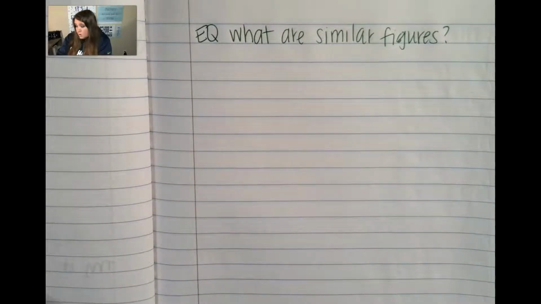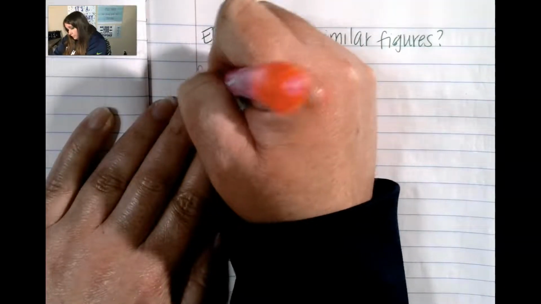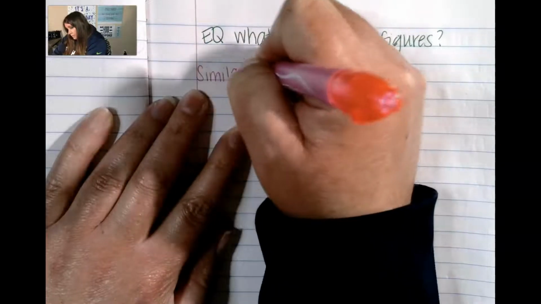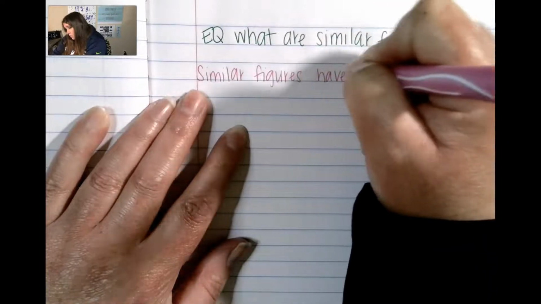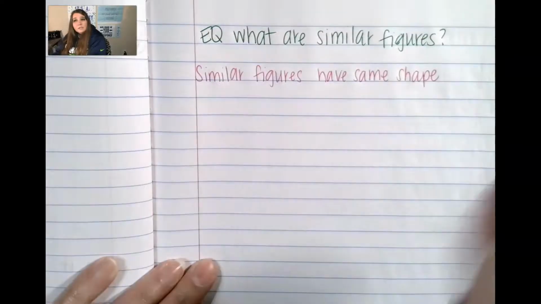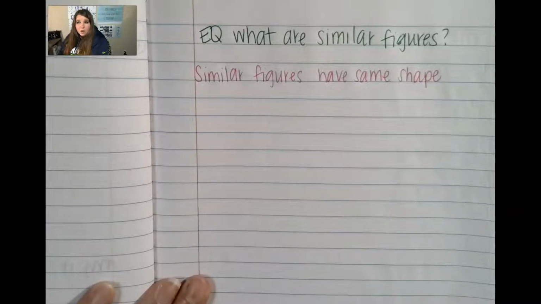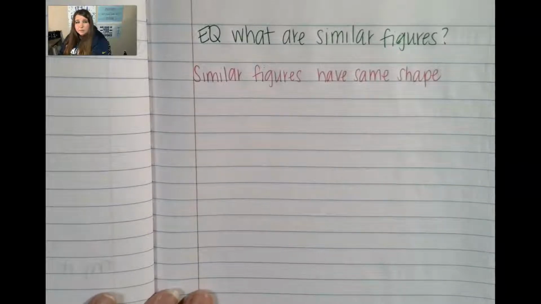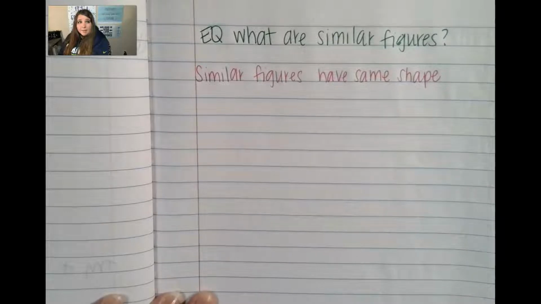So similar figures are figures that have the same shape, not necessarily the same size, and one can come from another. They use the word similarity transformation, and this is either a dilation or a rigid motion.